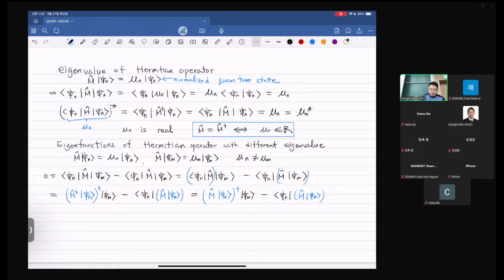Okay. So the next step, you apply your operator to an eigenvector, you'll just extract the eigenvalue, right? So mu n will come out, and psi n is left with the dagger, so you can turn it into a bra.